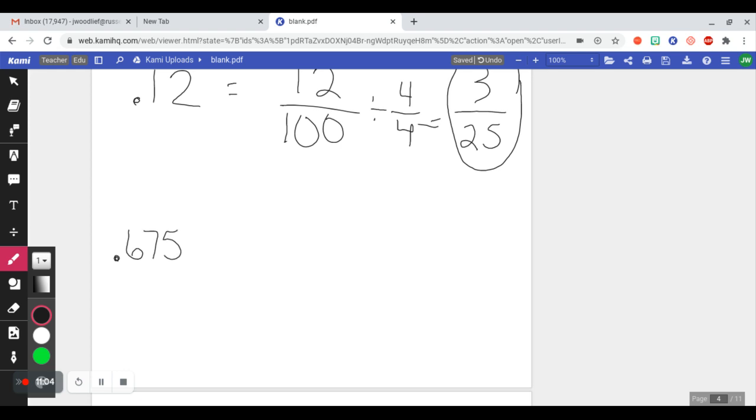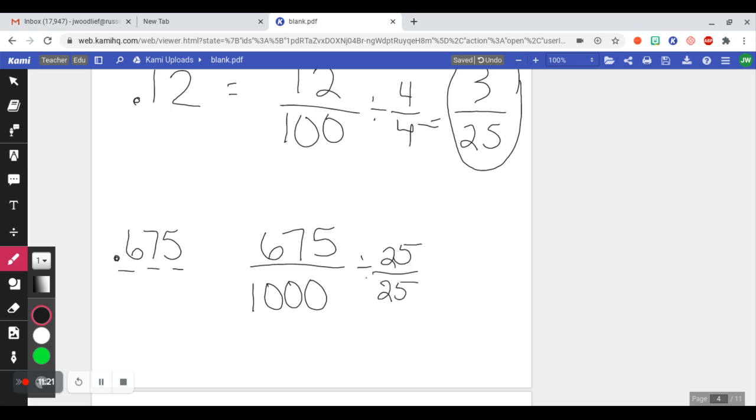Okay, let's say we have 0.675. Well, at this point, because that's the thousandth place, I'm going to put 675 over 1,000, and then I'm going to reduce. Here I want to reduce by 25. So I'm thinking how many quarters would go into $6.75.